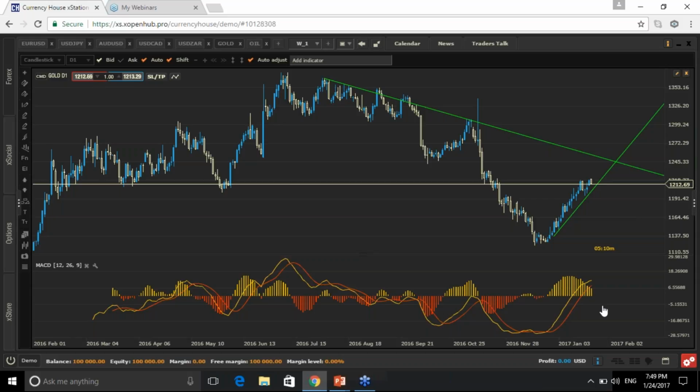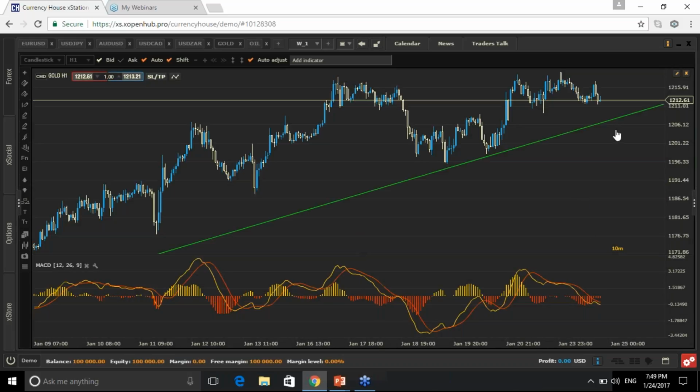And I would even consider longs of gold, but be very cautious, with very tight stop losses. In case you buy it somewhere here, make sure that the stop loss will be hidden somewhere below this level.